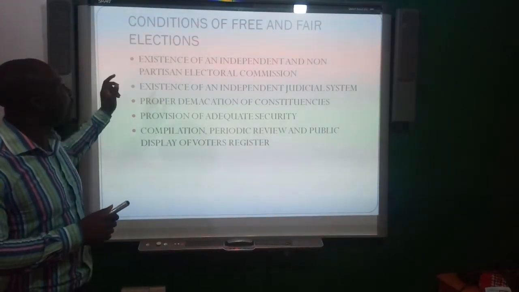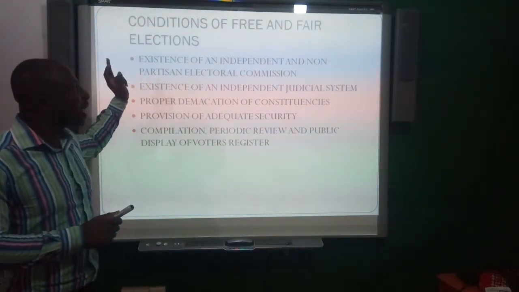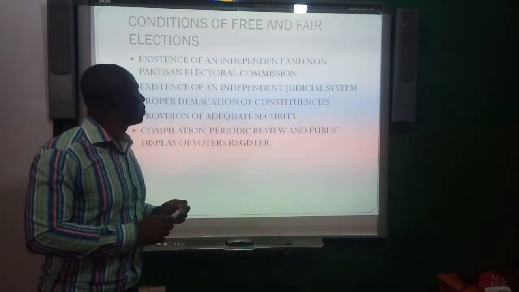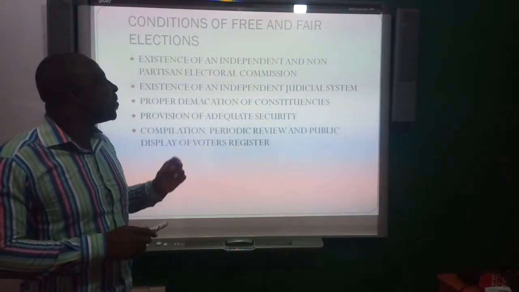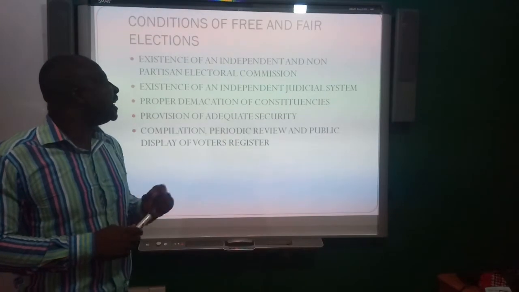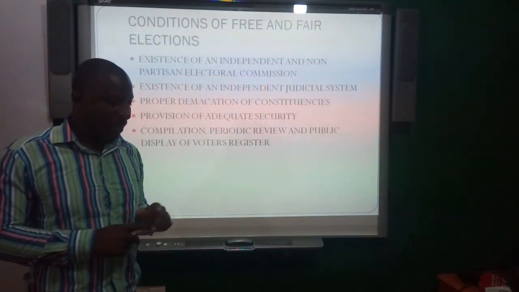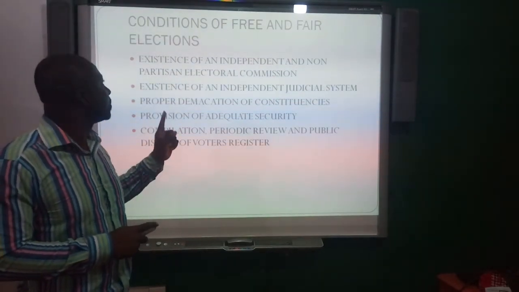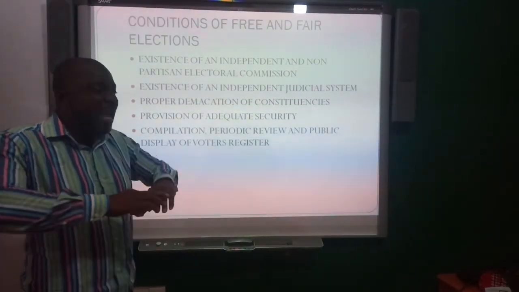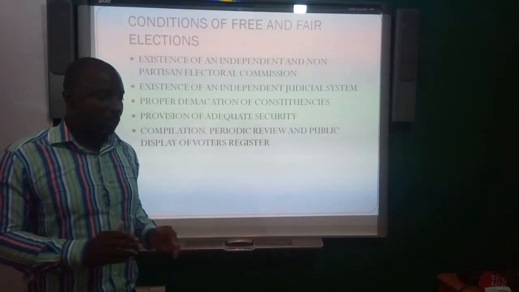For us to have free and fair election, first one, there should be existence of an independent and impartial electoral commission. Independent, non-partisan, or impartial electoral commission.